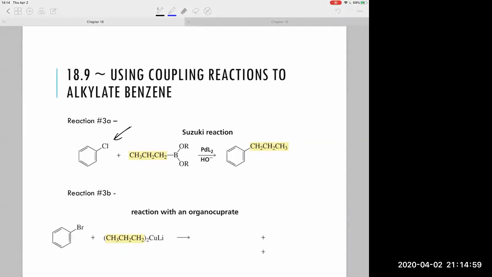And we also saw the same thing with our organocuprates, right? So this would be Gilman. Again, we have a halogenated benzene or bromobenzene reacting with an organocuprate to form an alkylated benzene ring.